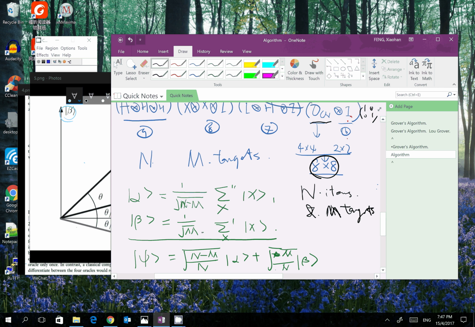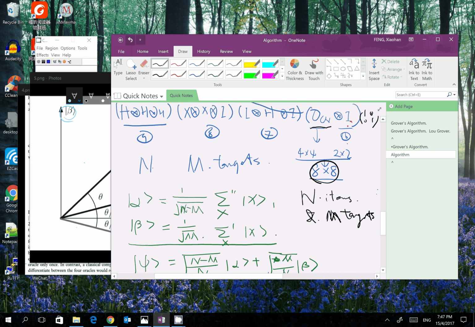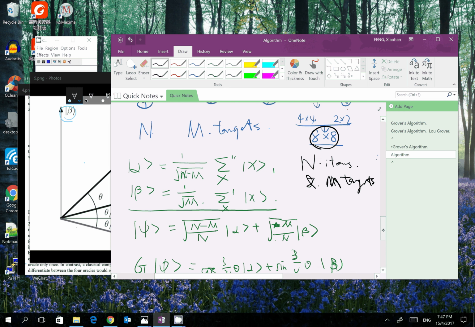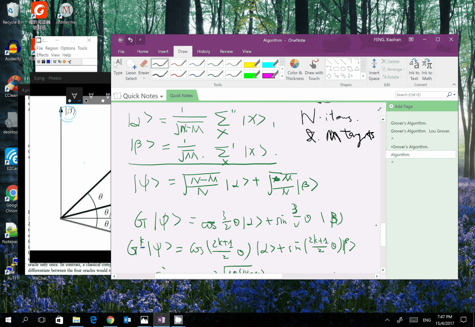The sum here is just the sum of all the solutions to the search problem, and alpha here is the superposition that is perpendicular to beta, which is denoted by 1 over square root of n minus m, and this sum here represents the sum of the non-solutions to the search problem.